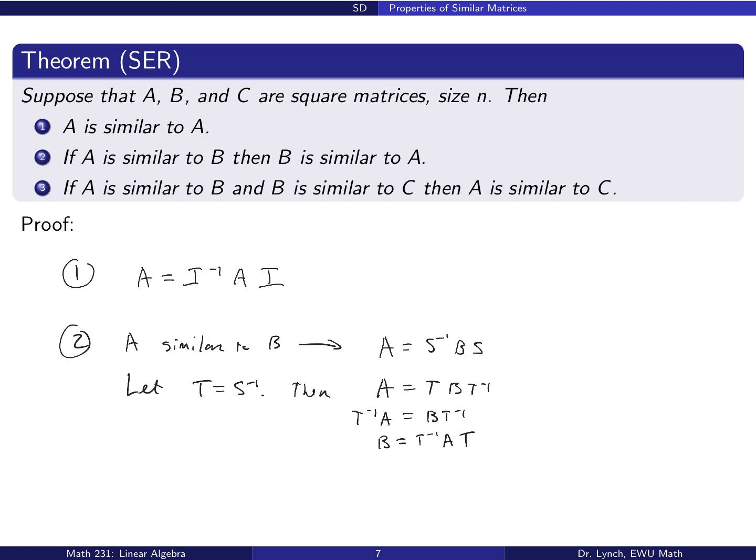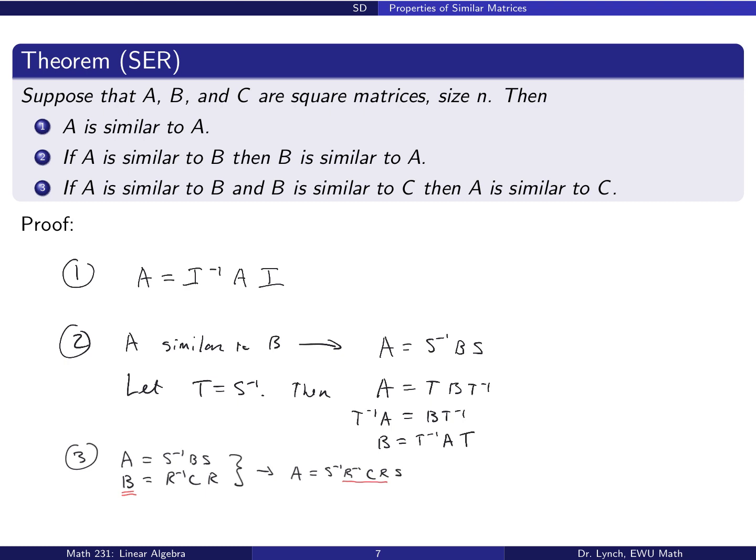or S inverse. Okay, similarly, for this transitive property, let us suppose that A is similar to B and B is similar to C. If A is similar to B through S and B is similar to C through R, we can see that A is equal to S inverse, R inverse, times C, times R, times S, right? And again, this is just substituting this expression for B in the center here.